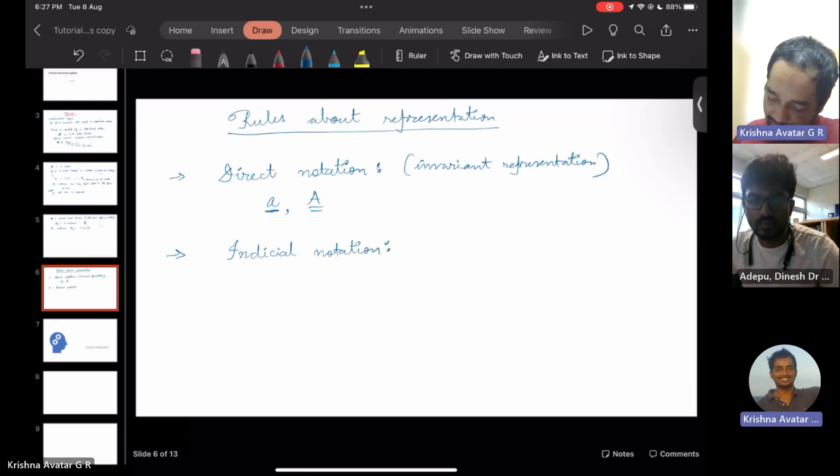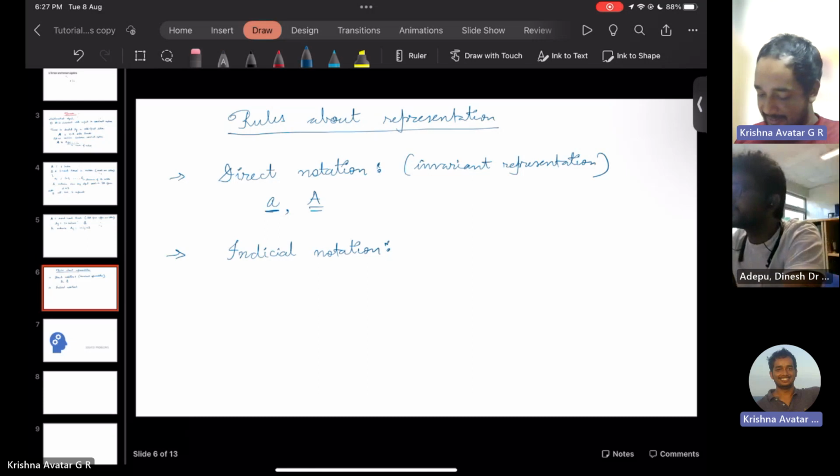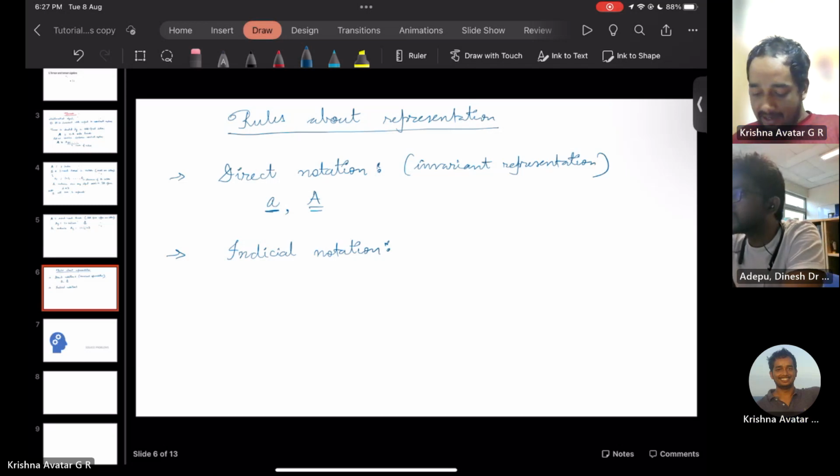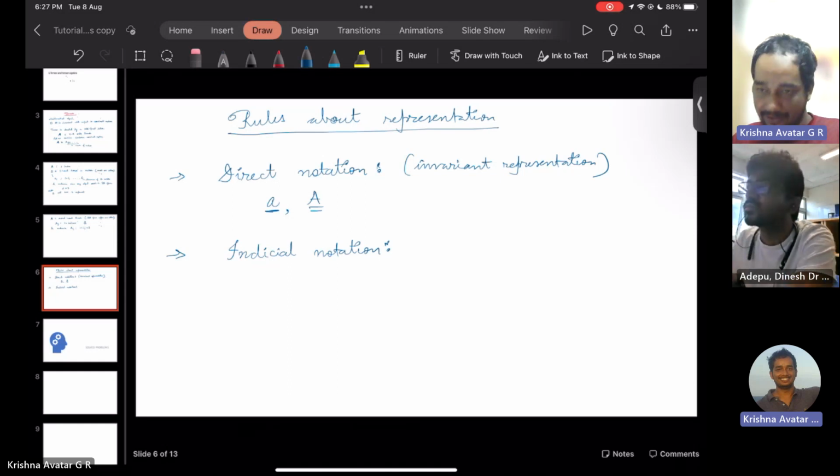So all the operations on tensors are done in indicial notation. I had just mentioned that tensors are invariant with respect to coordinate system, but to perform any operations on a bunch of tensors, we always need to first represent that tensor in some coordinate system.